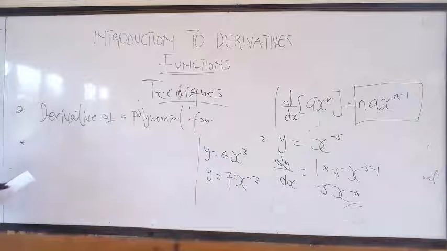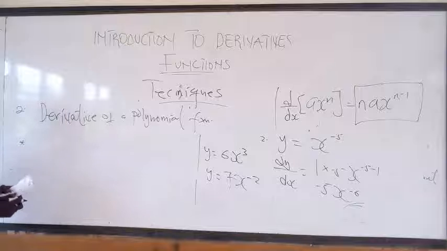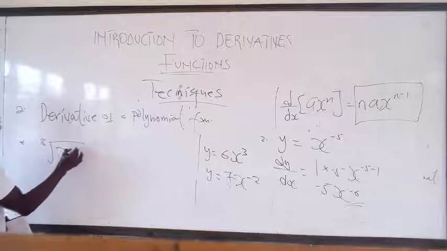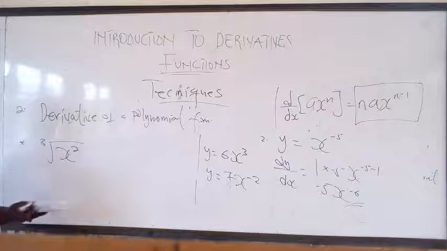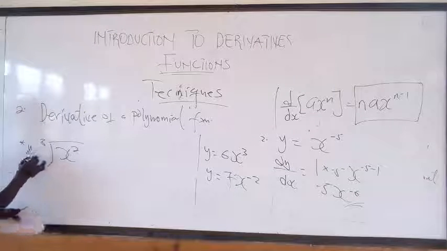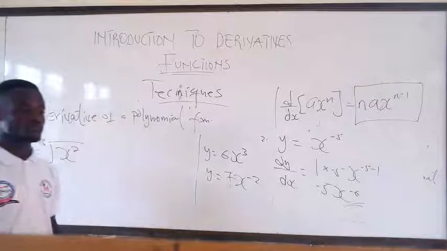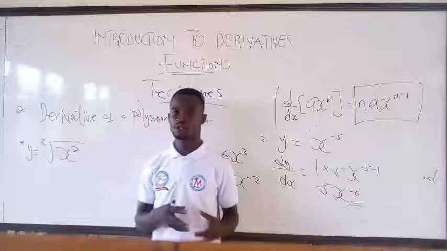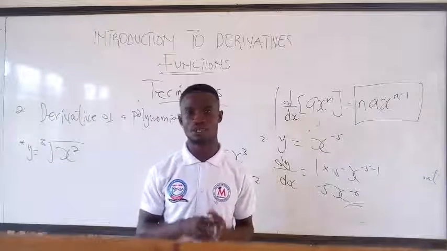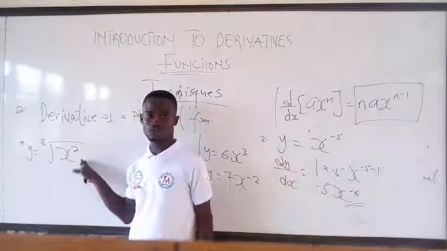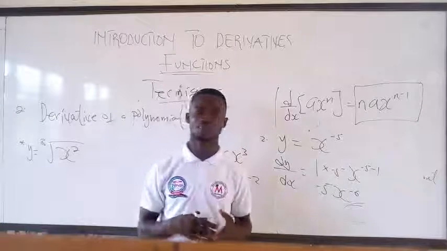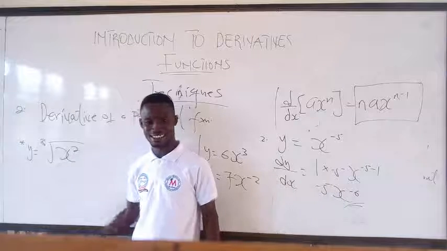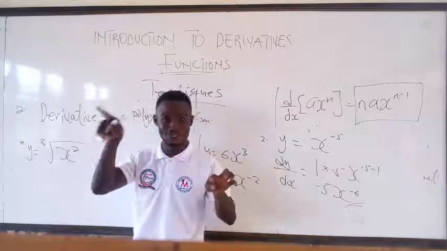So let's see this question. Cubic root of x squared. Before you can take the derivative of this, you know that it has to be in the form x to the power n. But this one is not in that form. You can say your power is 2 and your coefficient is 1.